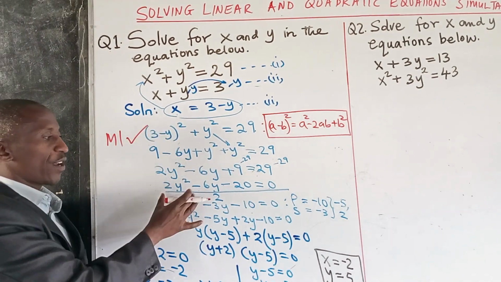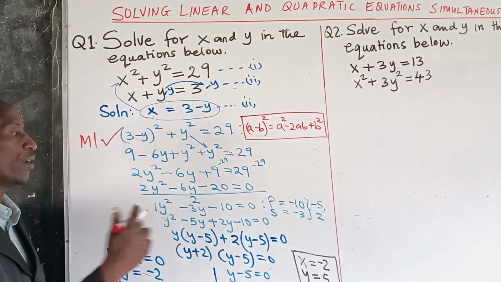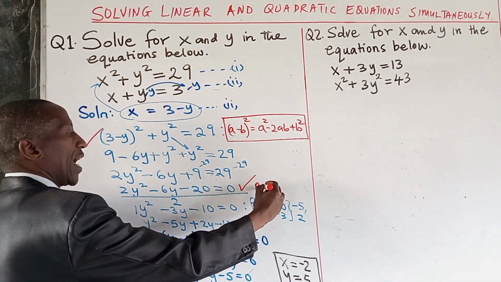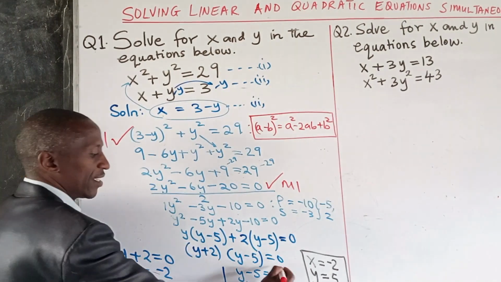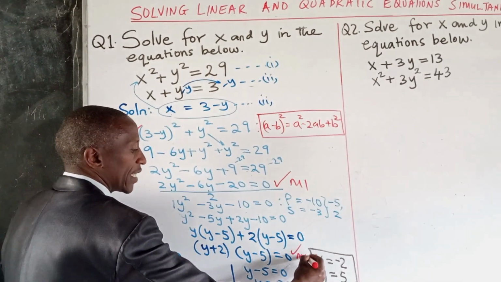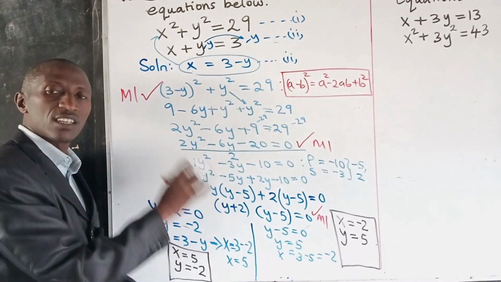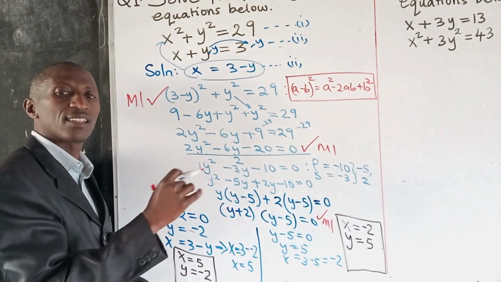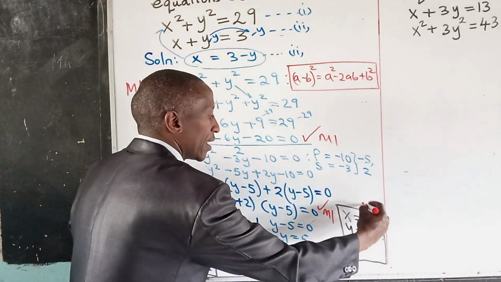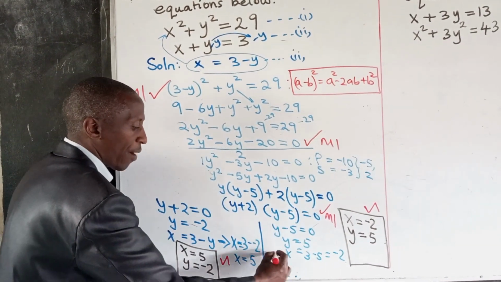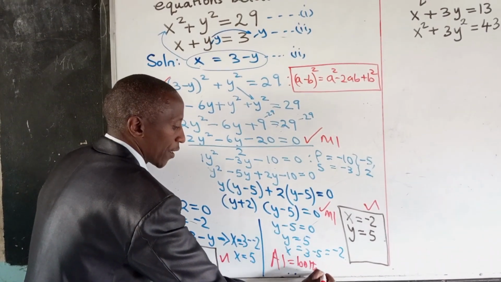Now, the student should progress and make up a proper quadratic equation, and this should earn the student an M1. Now, solving this and getting the proper factors at this level, the student earns an M1. Now, with these factors, the student should be able to get the proper roots, that is the answers to the quadratic equation. And once the student is able to get the two correctly, we award A1 for both sets of answers.